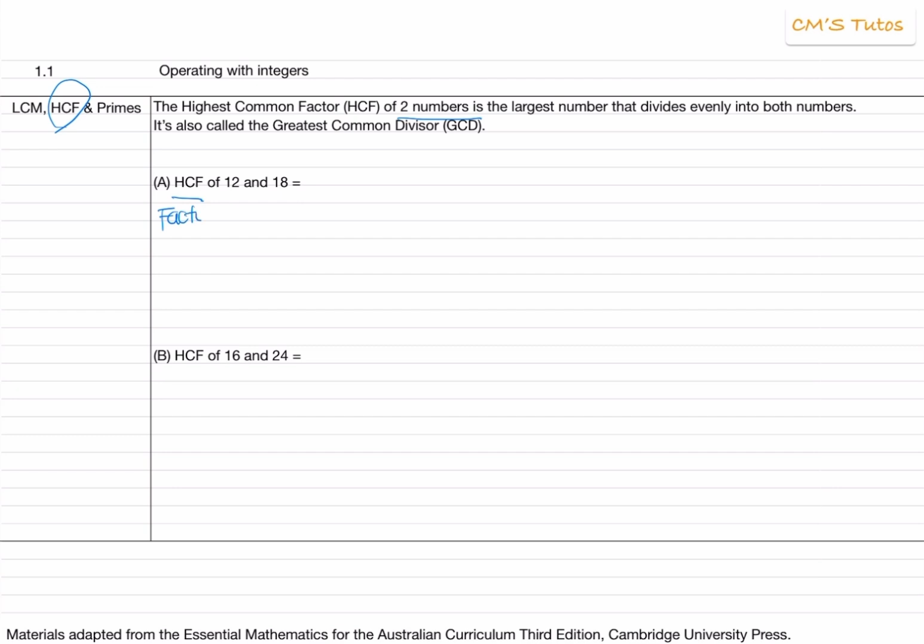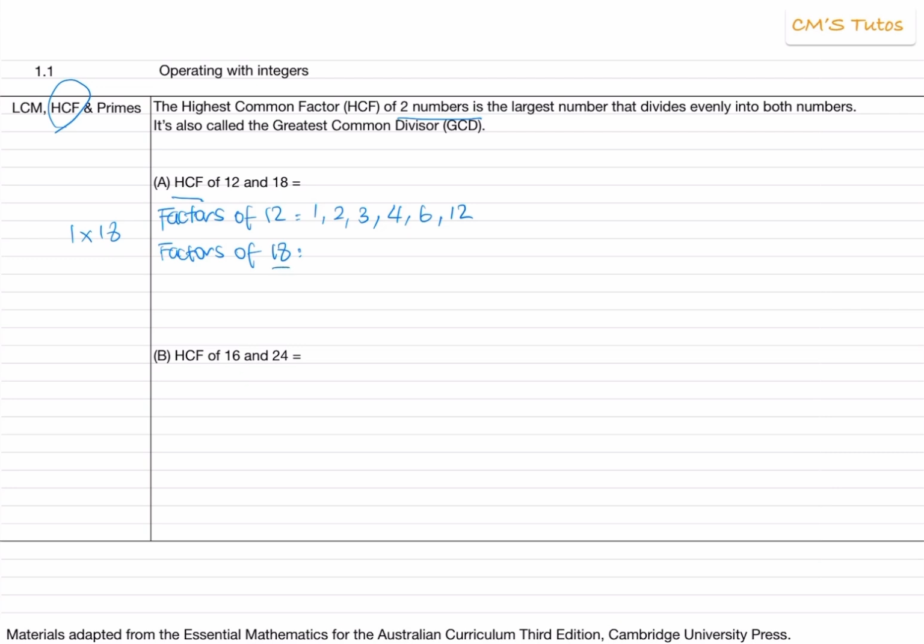One way to solve this is to write the factors of 12. We know the factors of 12: 1, 2, 3, 4, 6, 12. What about the factors of 18? 1 multiplied by 18 is equal to 18.